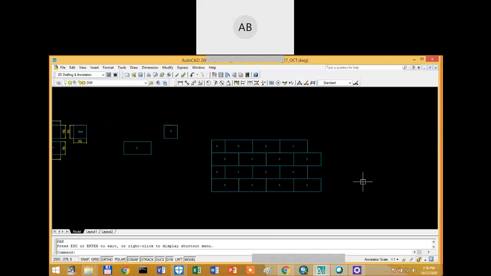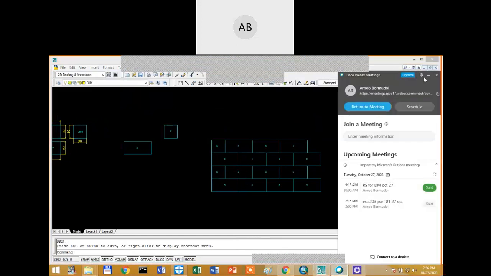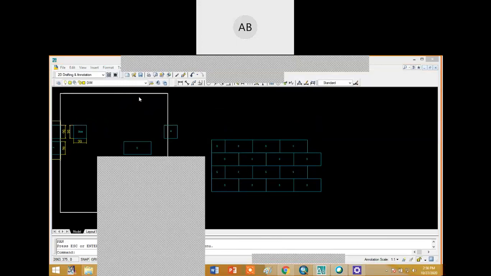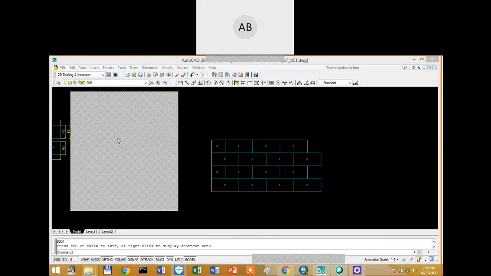Can you see? Okay. Students, why don't you understand? Why don't you say something? Are you there? Lamtur. Lamtur, you are there?